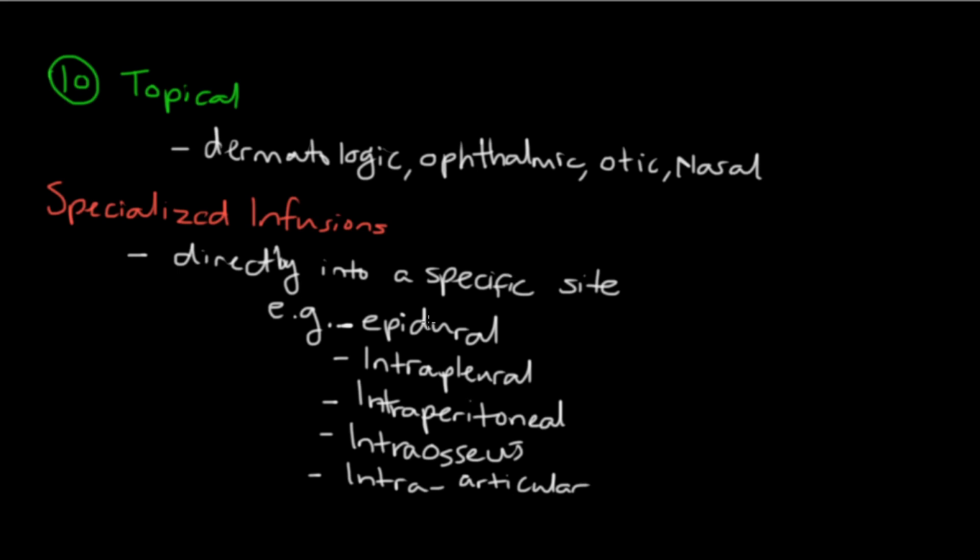So epidural, we know epidural is injected into the epidural space in the spine. Intrapleural is injected into the pleural cavity, and intraperitoneal is injected into the peritoneal cavity. Intraosseous is injected into the bone, so the long bone, and intra-articular is injected into a joint. So these are the specialized infusions.